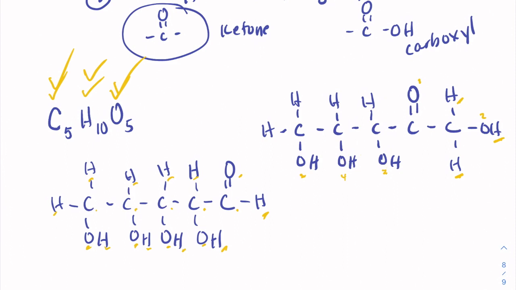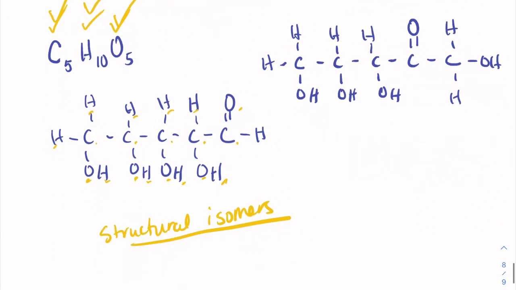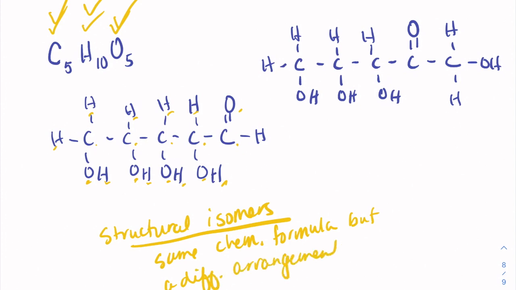They've got a different arrangement of atoms, don't they? These are called structural isomers. Structural isomers are molecules that have the same chemical formula, C5H10O5, but a different arrangement of atoms.